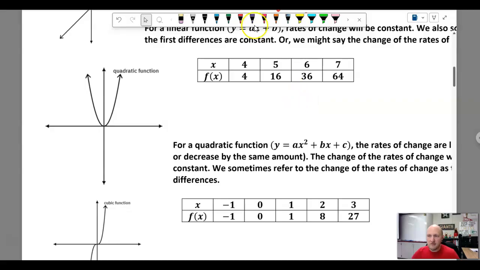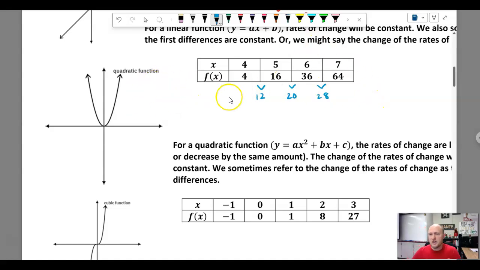A quadratic function. Notice again how I have equal length input value intervals here: 4 to 5, 5 to 6, 6 to 7. I'm adding by a constant amount, and my output values are not changing at a constant rate. Here I increase by 12, then I increase by 20, then I increase by 28.